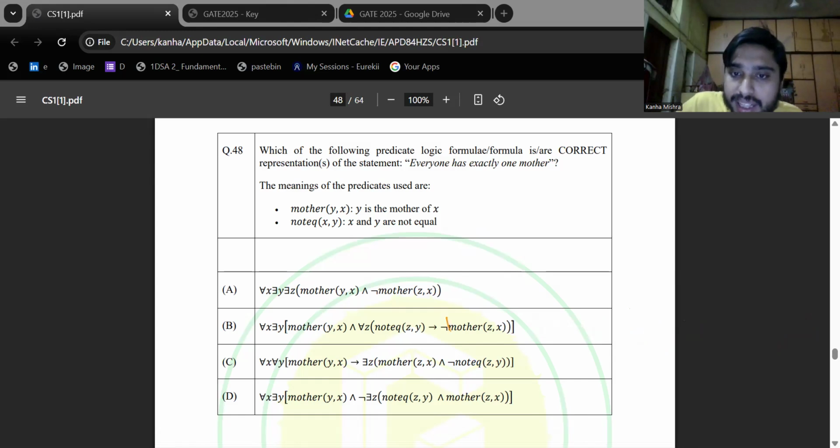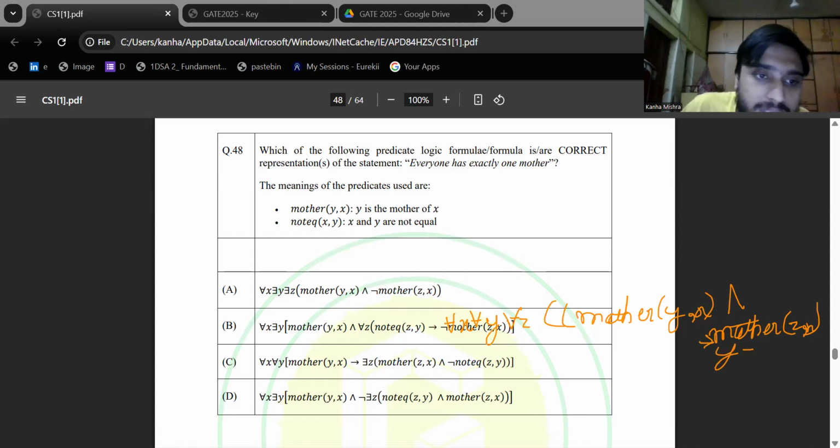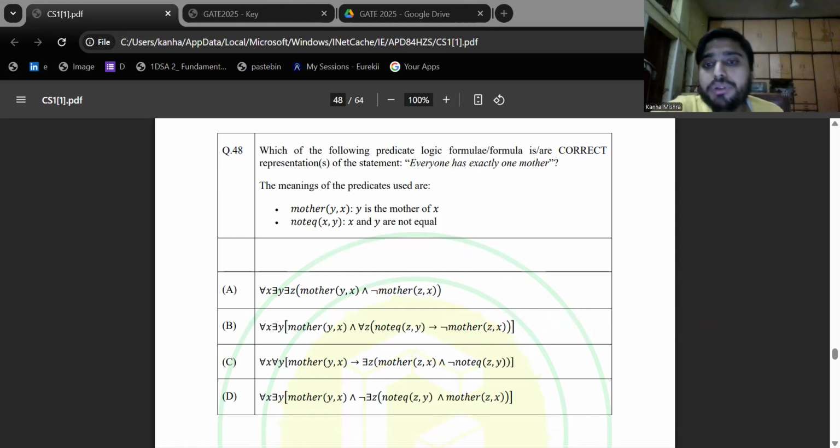So for every person X, every person Y and every person Z, if Y is mother of X and Z is also mother of X, then this implies that Y is equal to Z. Both are the same person. In a distinct world, no two distinct individuals can both be the mother of the same person X. Representing uniqueness using the inequality predicate: since the problem gives not_eq(x, y), meaning x and y are not equal, uniqueness can be expressed.